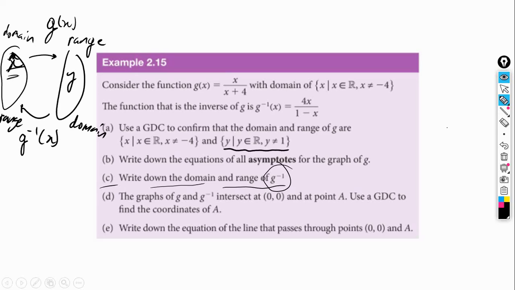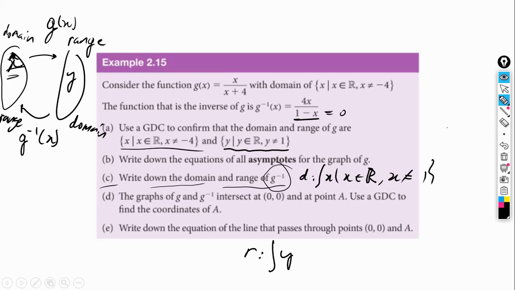So the domain is going to be x such that x is real and x cannot equal 1. And you can see this here, right? x cannot equal 1, because if x equals 1, this would be 0 and it would become undefined. Then the range is going to be the domain of G of x, but in terms of y. So the range here is going to be y such that y is real, but y cannot equal -4.